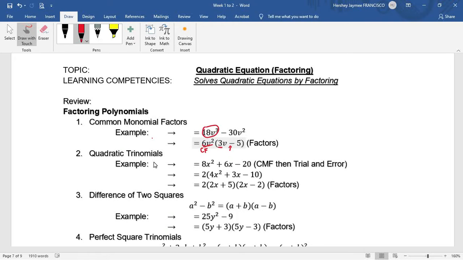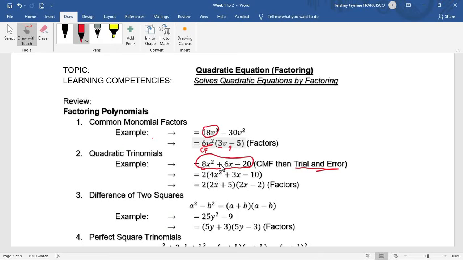Next is the quadratic trinomial. Ito ginagamit natin by trial and error. Isa to sa mga factoring polynomial lesson na tinuro sa inyo ng grade 8. But this time, itong equation na binigay sa inyo cannot be solved easily by trial and error alone.